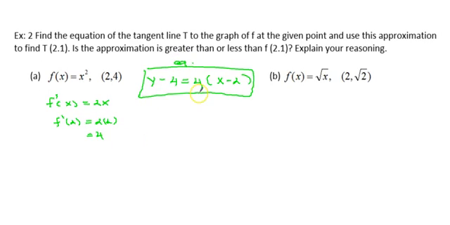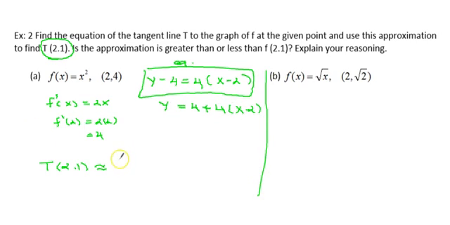Now use this equation of tangent line to approximate 2.1, not using the actual function, but using equation of tangent line. So that will be T of 2.1 approximately. If you rewrite this equation, it will be 4 plus 4 times x minus 2.